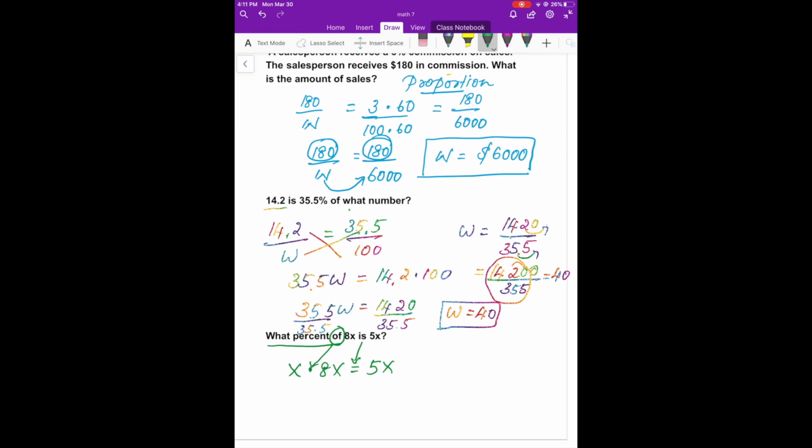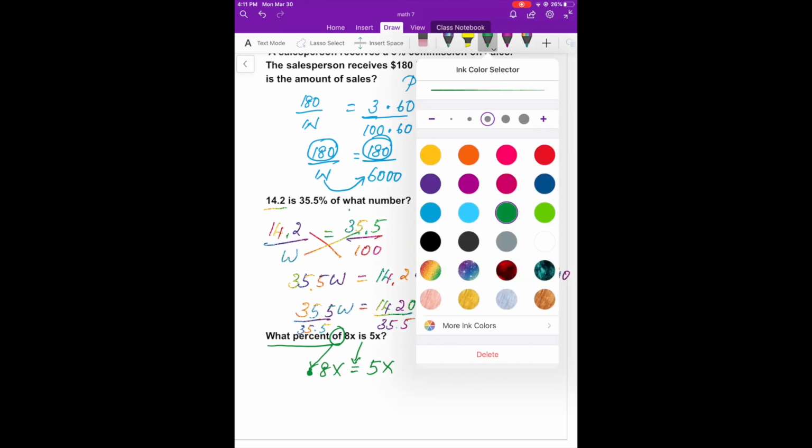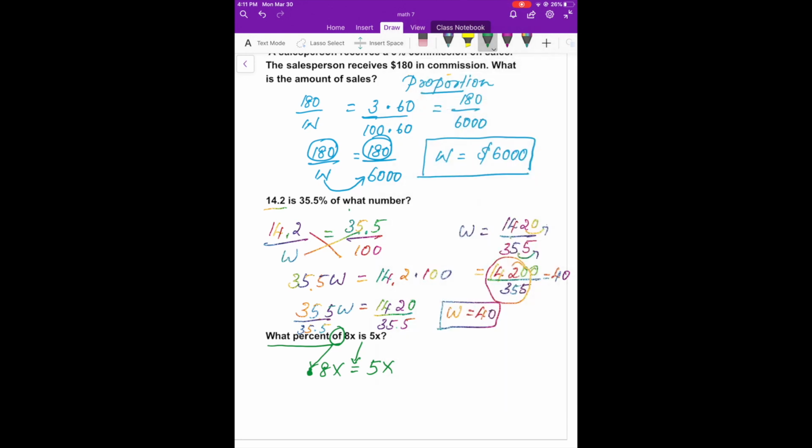I cannot take x for the percent, because we already have an x, so I'm not allowed to take another x. Let's take the percent as p. That's a common mistake you can make.